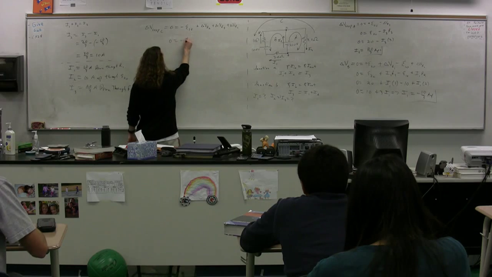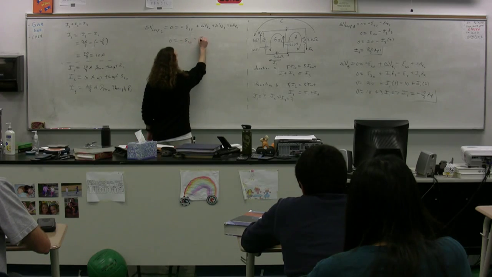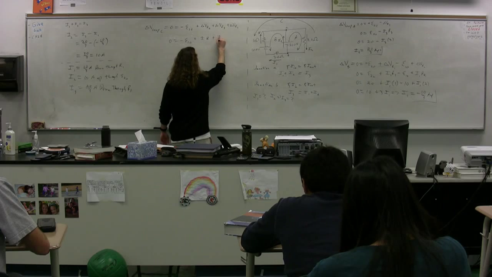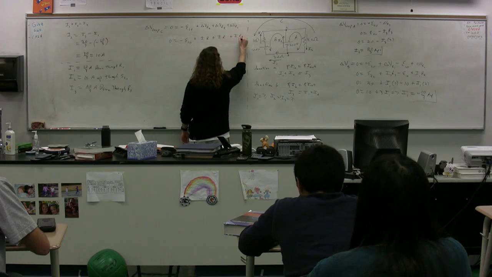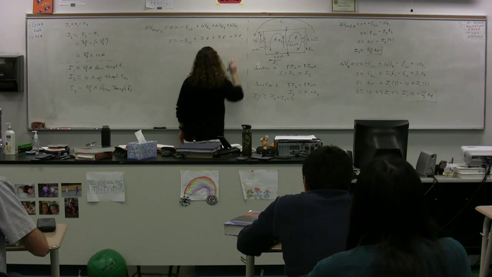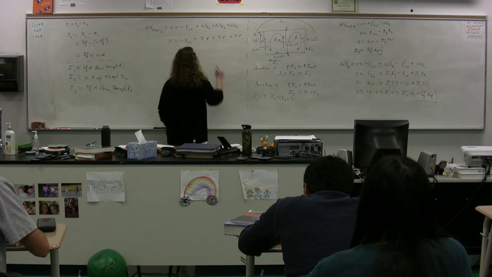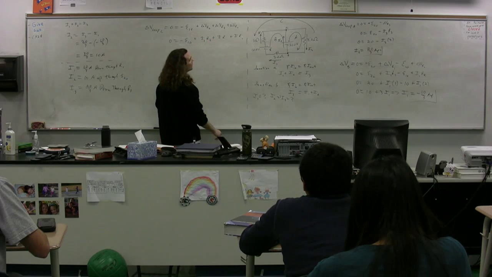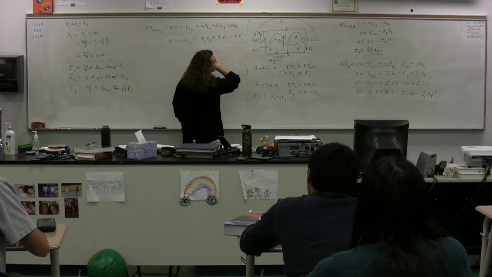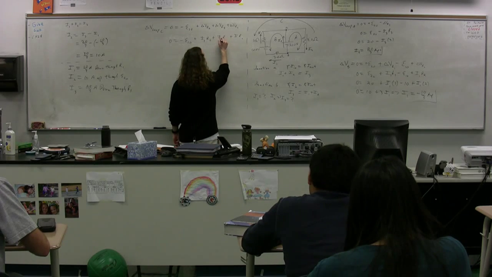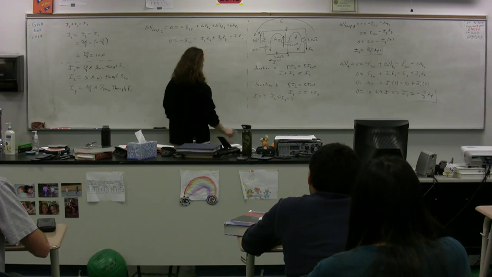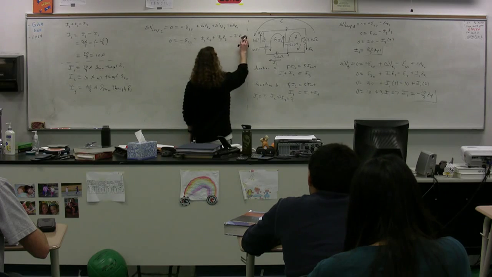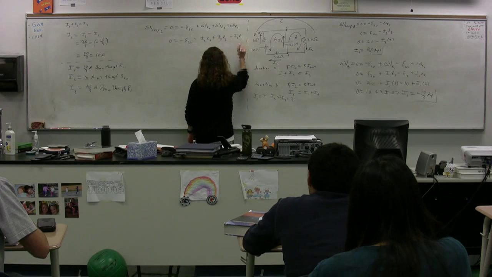So 0 equals negative EMF of 10 plus each one of these is going to be current times resistance. We just need to get the right ones. The current for resistor 2 is going to be current 1 times resistance 2. The current for resistor 3 is going to be current 3 times resistance 3. And for the first resistor, that's going to be current 1 times resistance 1.